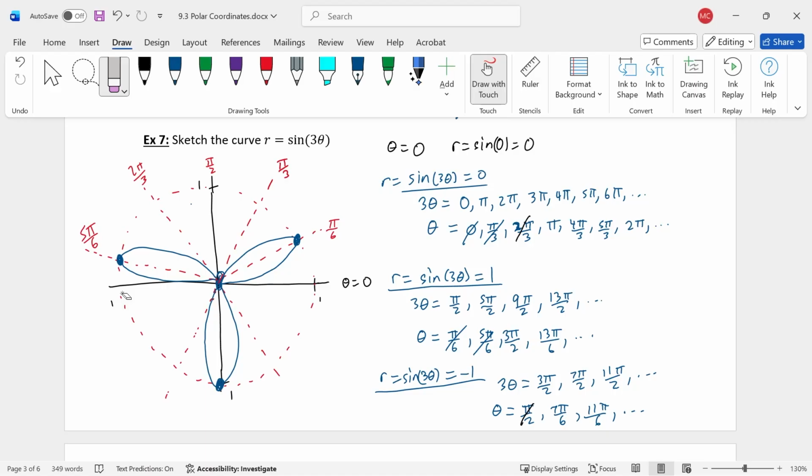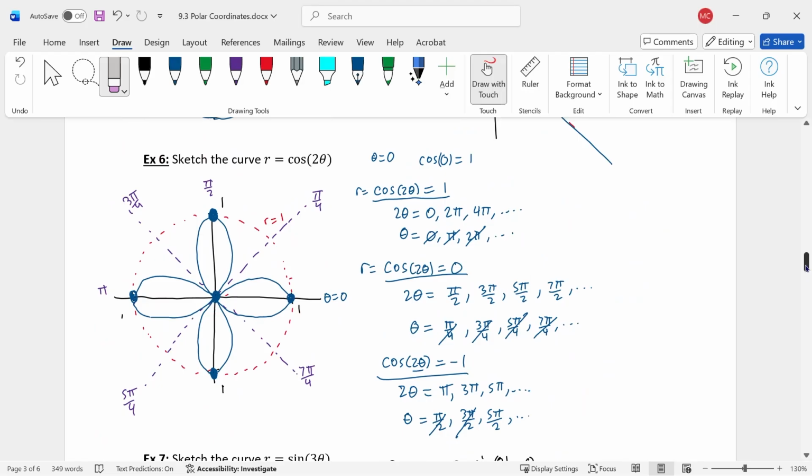And this one, you see it's kind of askew, where the angles don't line up quite as nicely as the last example did. But one thing I'd like to point out before we take a look at the graphs more closely is notice that in this example we had cosine of 2 theta and we had 4 petals, twice as many.